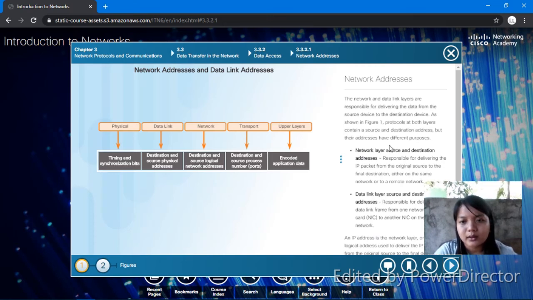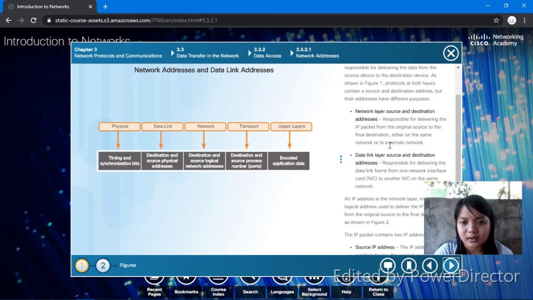Now network addresses. The network layer source and destination addresses are responsible for delivering the IP packet from the original source to its destination.